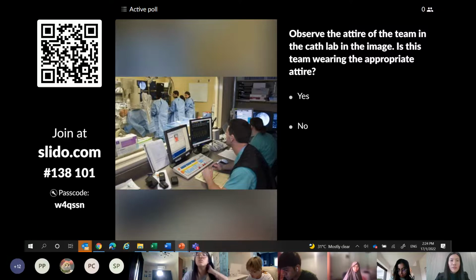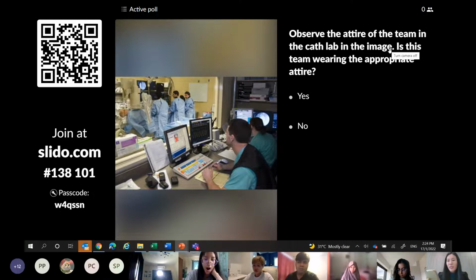Okay, so I have a first question here. If you look at your Slido on your phone, I know that even if you haven't been to a cath lab, you probably see these images in movies and stuff. So if you observe the attire of this team in the cath lab, not the control room, but in the cath lab, do you think this team is wearing appropriate attire?